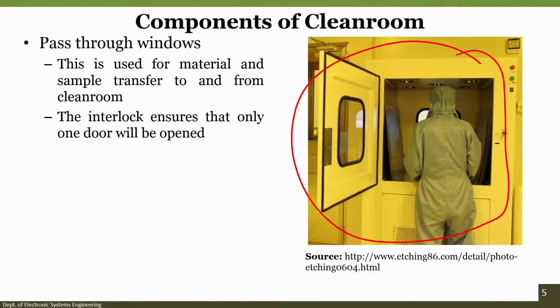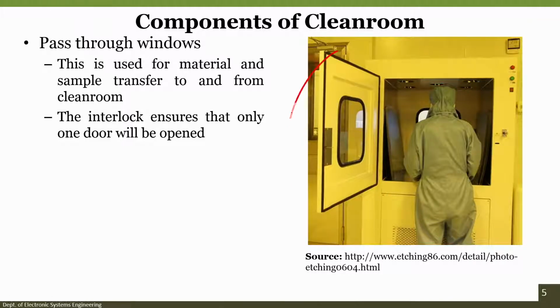So, that means that a person does not have to literally come inside, but can pass the device or photoresist or any other component through this particular pass through window. So, there is a person inside the clean room, while there is another person outside the clean room, and these pass through windows are used in a way that first let us say this window is closed and the window that you can see here is opened.